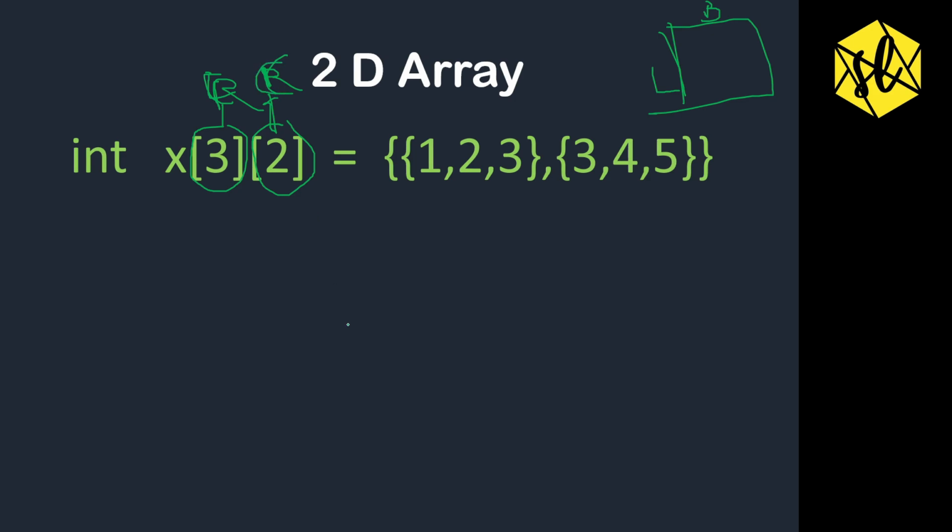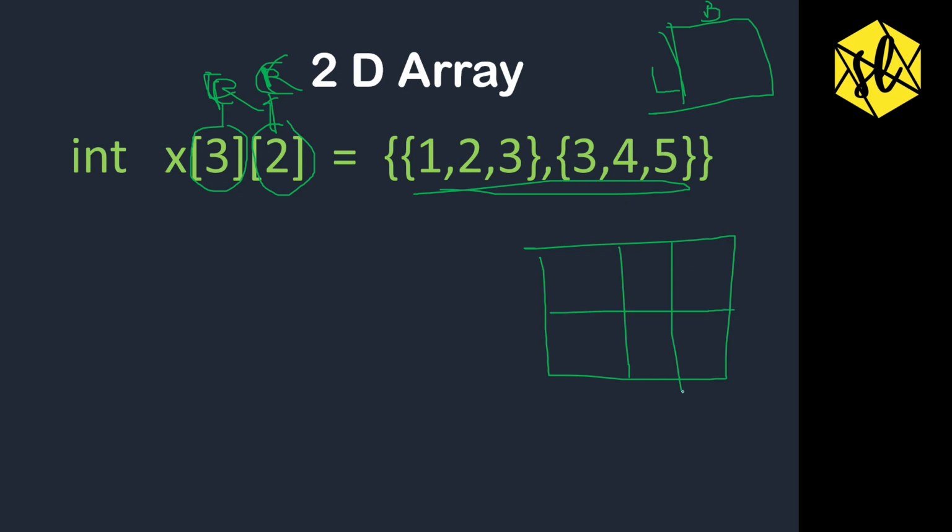So now what will happen if we want to declare this? Our two-dimensional arrays are something like this in shape, something like matrices. This is a two-dimensional array.